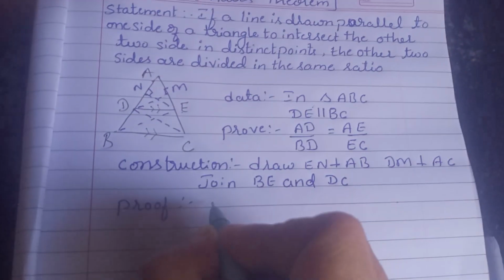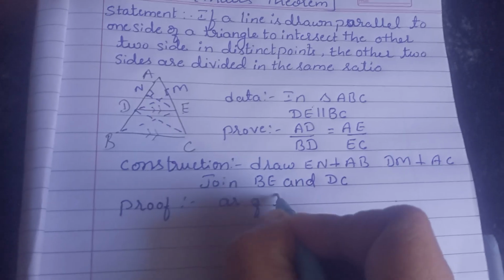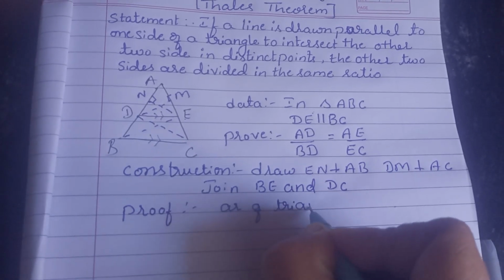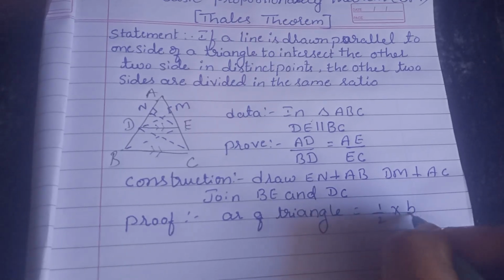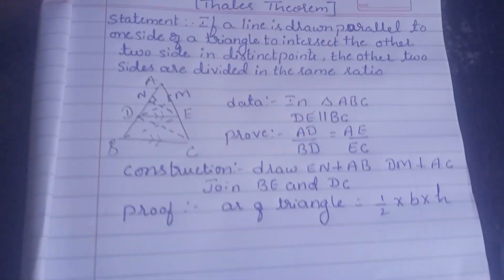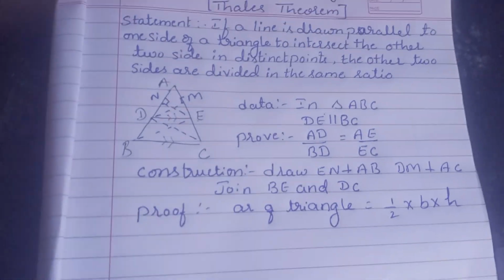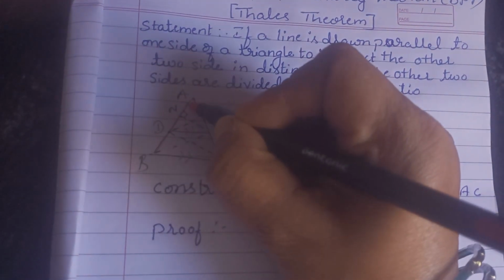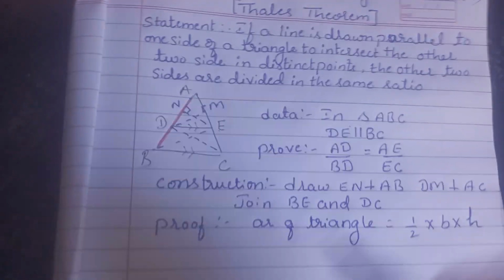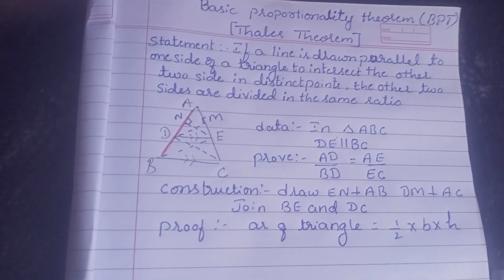Proof. We know the formula. What is the formula to find the area of a triangle? Area of triangle is equal to half into base into height. Here, AB is the base. Based on AB, two triangles are standing.